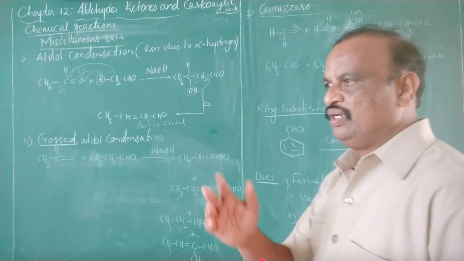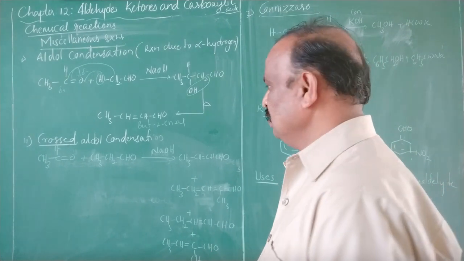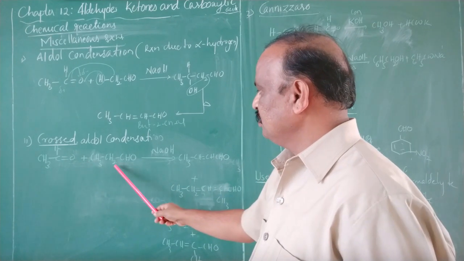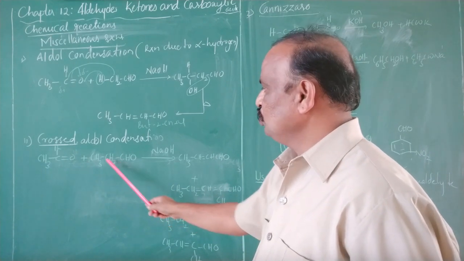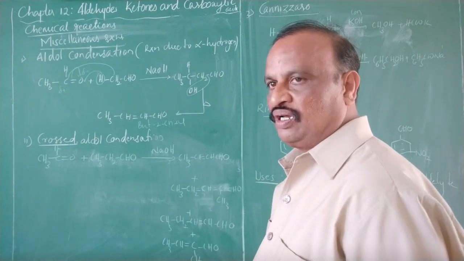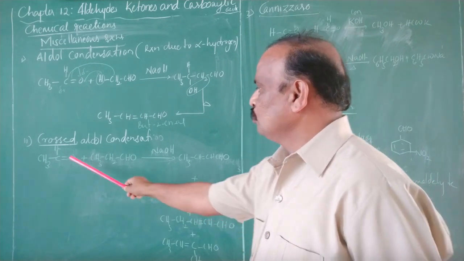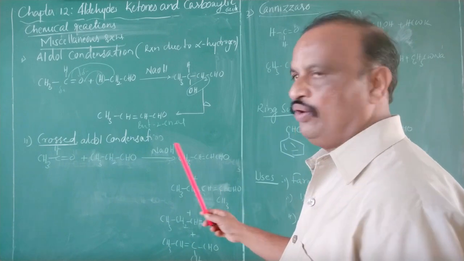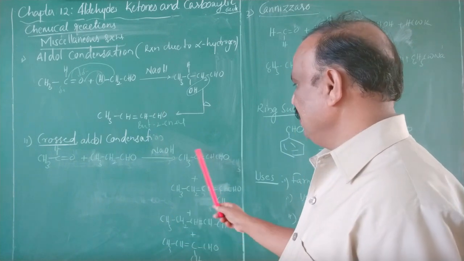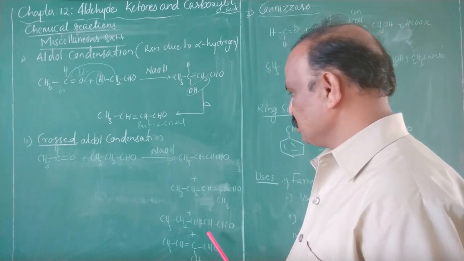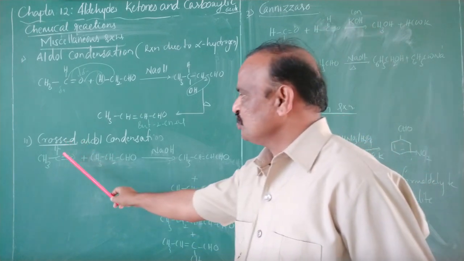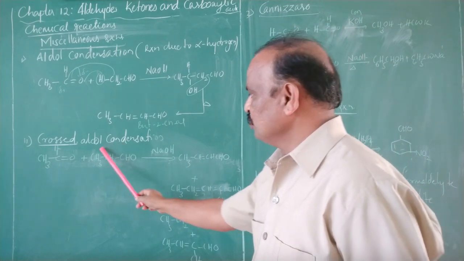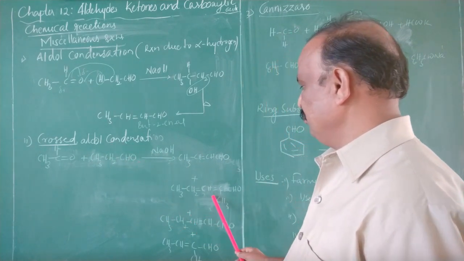Between acetone and acetaldehyde it may take place. Take two different aldehydes: one is acetaldehyde, another one is propanaldehyde. Between these two also, cross condensation takes place. When these two molecules undergo condensation in the presence of NaOH followed by heating, you will get different products like this. First, 2 moles of this, when they react with each other, will give this product.